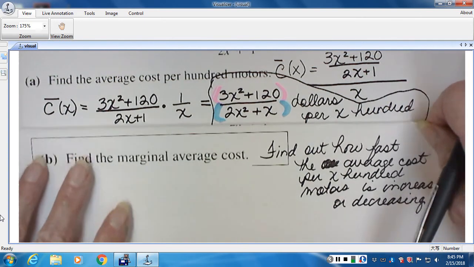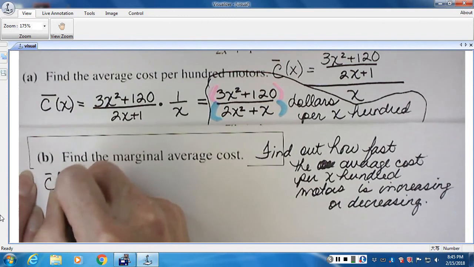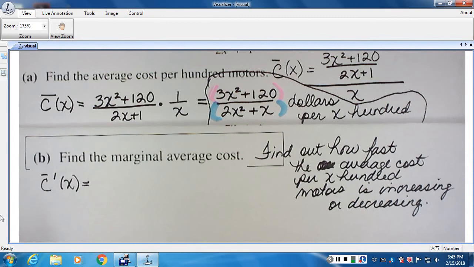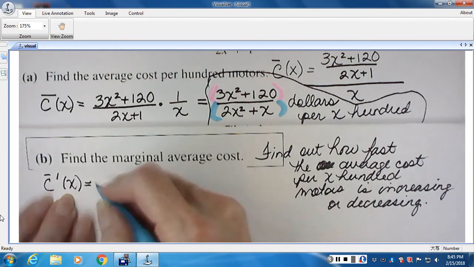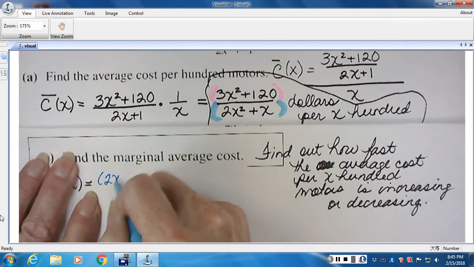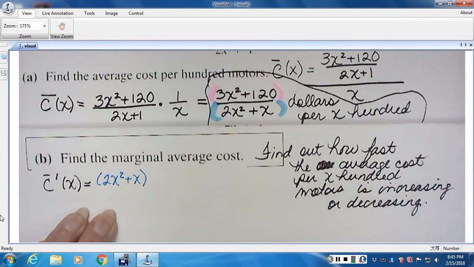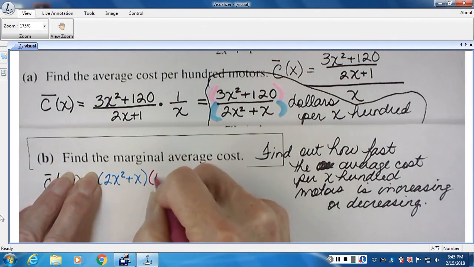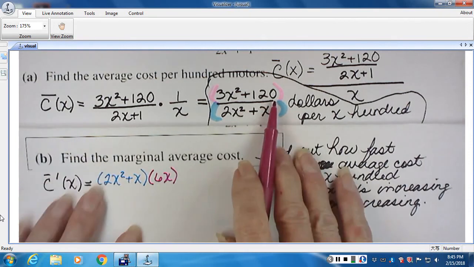So to find that average cost, we're going to find C average prime of X, which means we're going to take the denominator, because remember it's a quotient, and we're going to pair it up with the derivative of the numerator, which is just 6x, because it's 3x squared plus 120.